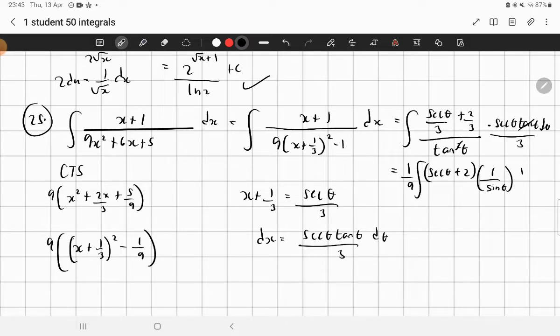I'm just simplifying everything, honestly. So 1 over 9, we integrate. Secant theta is basically 1 over cosine theta.